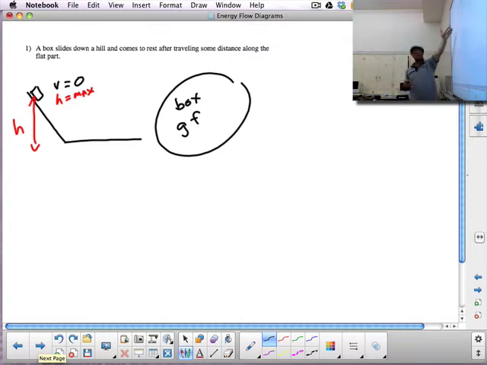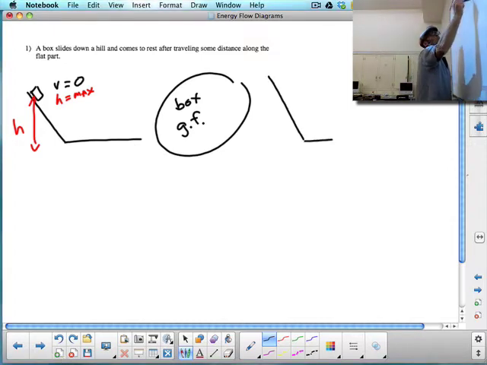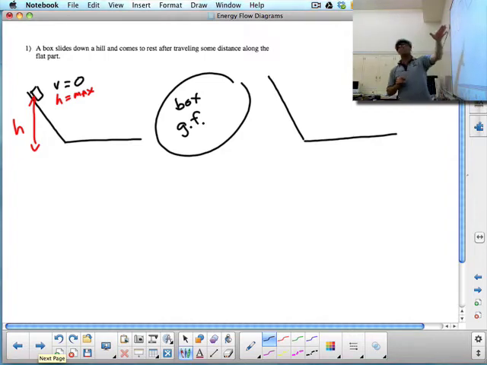So we're including the gravity field. You guys good? You can write GF for gravity field. Okay? In the end, where do you want the block to be? Read the situation. It doesn't have to be the end of this story here. It can be any convenient moment in time. What's the next convenient moment?